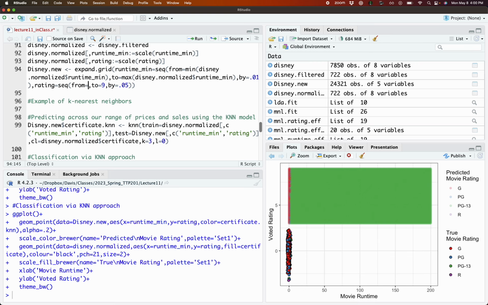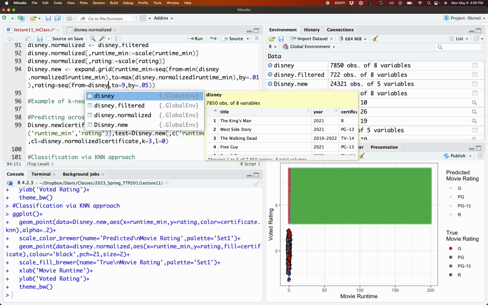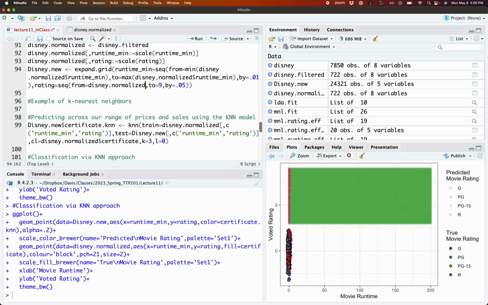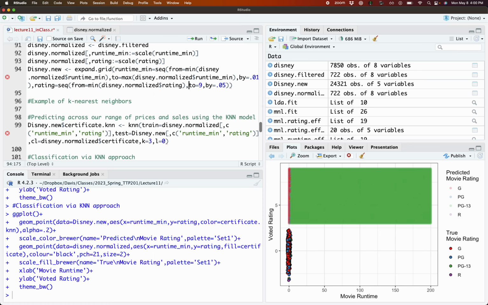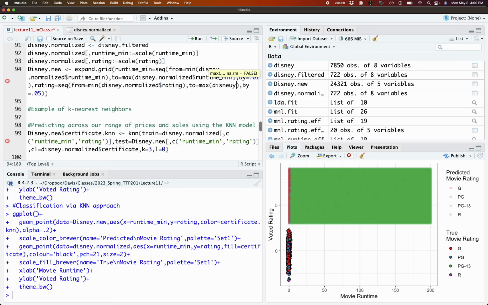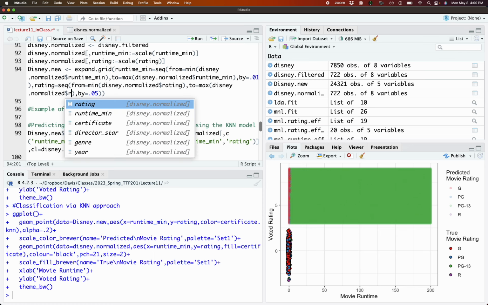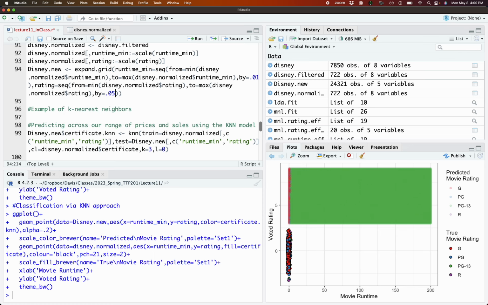And then rating, from the min of Disney.normalized$rating to the max of Disney.normalized$rating. Okay.